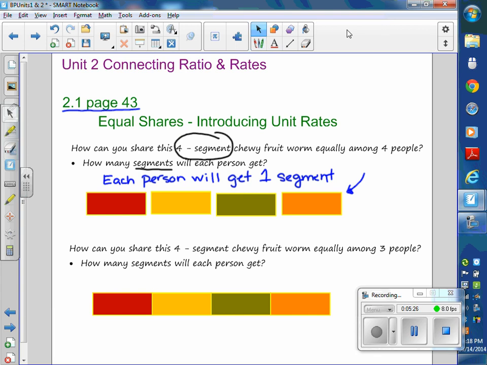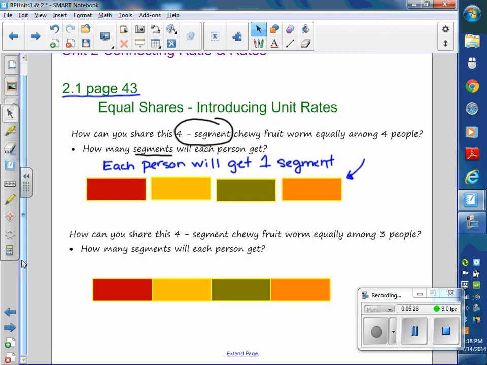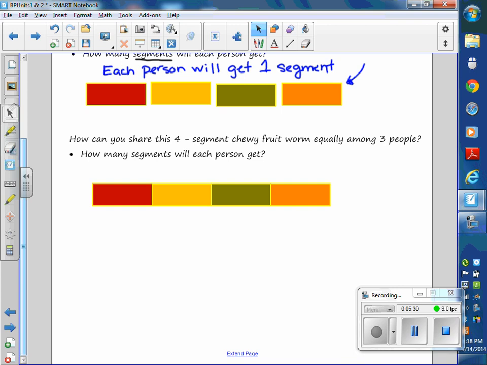If you go to the next problem, it says the same type of question. How can you share this 4-segment chewy fruit worm equally among 3 people? Well, now you have to think about how you would do that yourself. I bet most of you, there's only 3 people now, so most of you might deal them out or split them up.